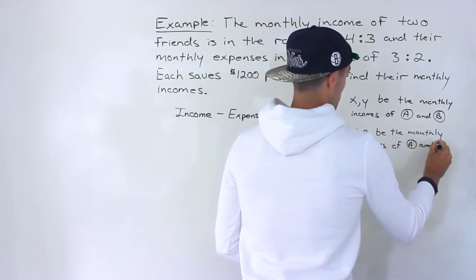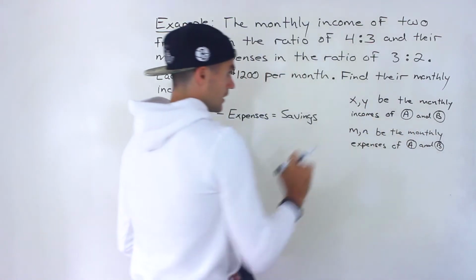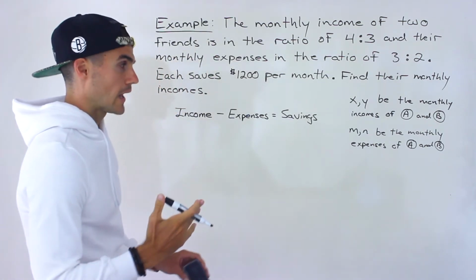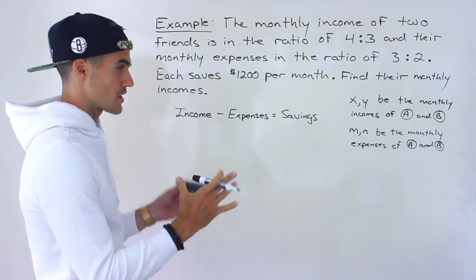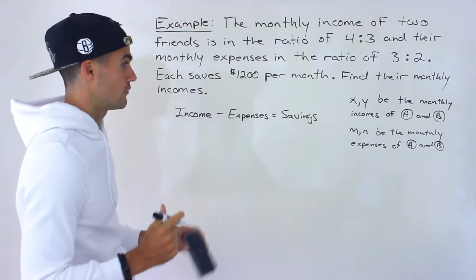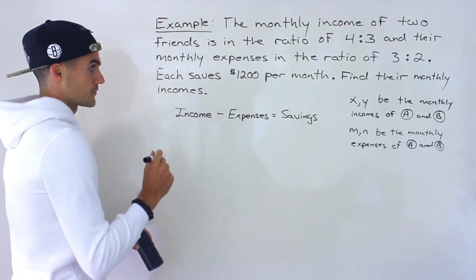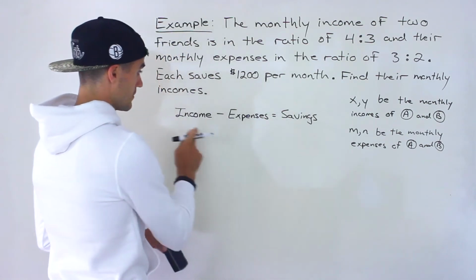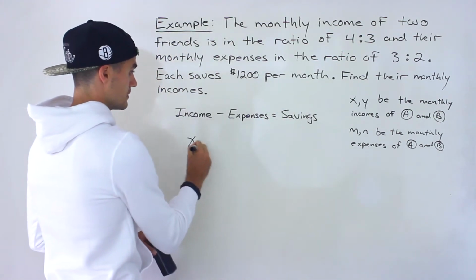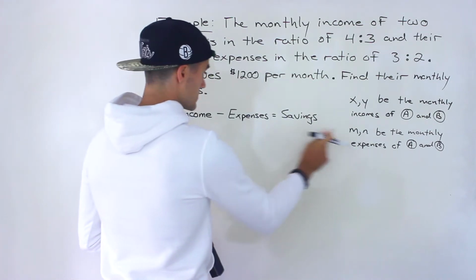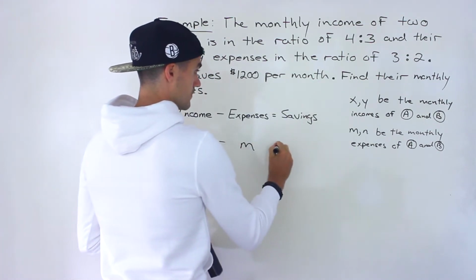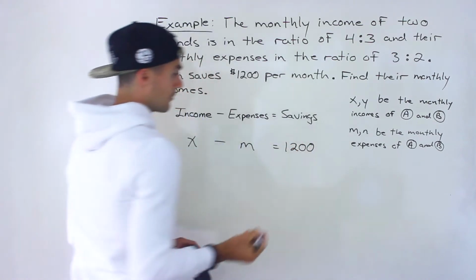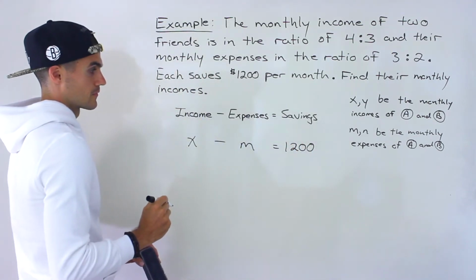So notice we're introducing a lot of variables here, more specifically 4 variables, but as the video goes on, you'll see that we're really going to simplify this. So starting with friend A, their income is X, their expenses are M, and how much are they saving? $1,200 per month, like that.